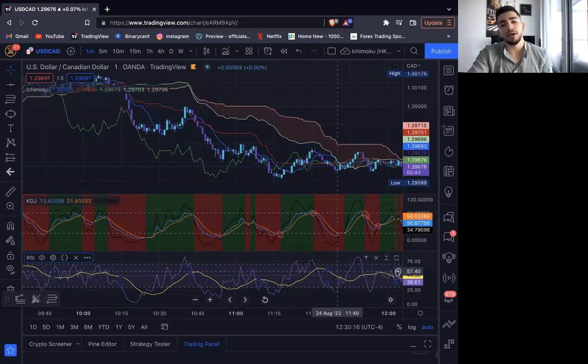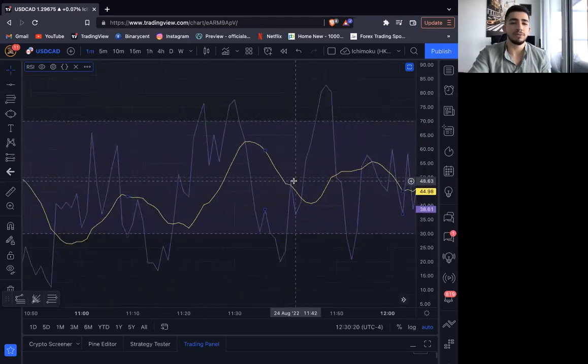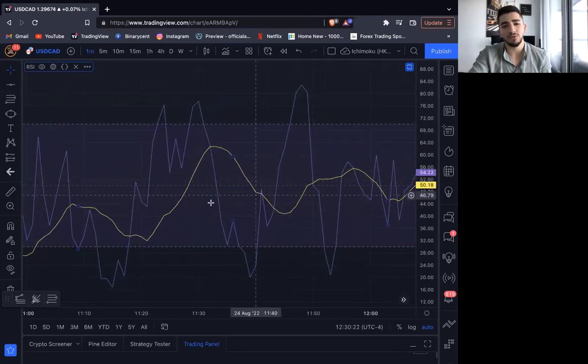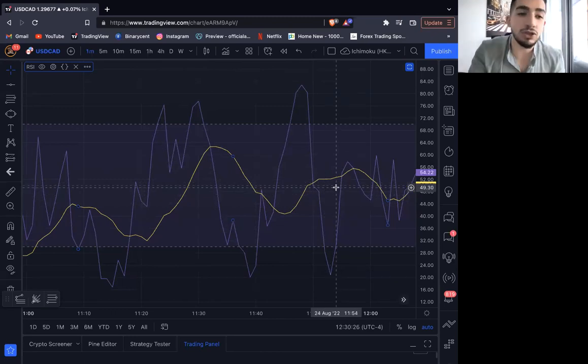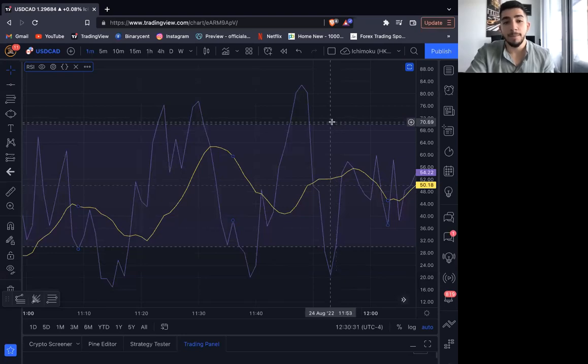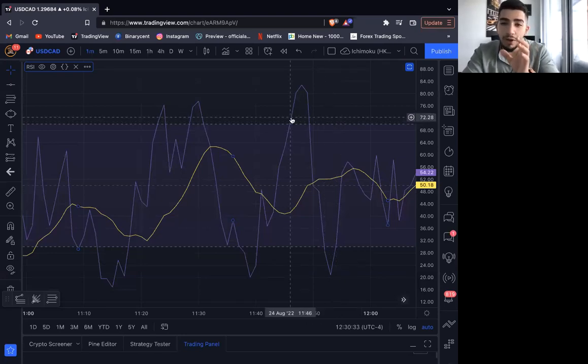Now, once I added my RSI, Armin asks, how do we treat RSI? You keep adding these lines. The way we treat RSI is as follows. I always use the tennis ball example.